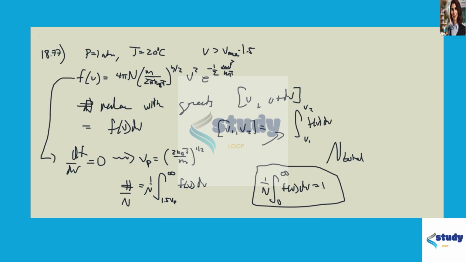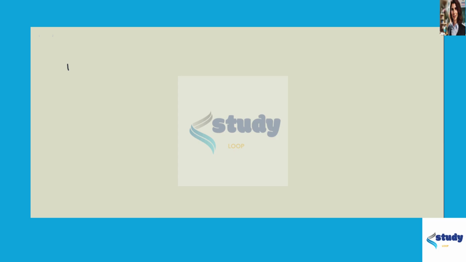Moving on, we want our fraction, which is our desired number over N. We set this equal to the integral from 1.5 vp to infinity, but since these are probability distributions, this is also 1 minus 1 over N times the integral from 0 to 1.5 vp.